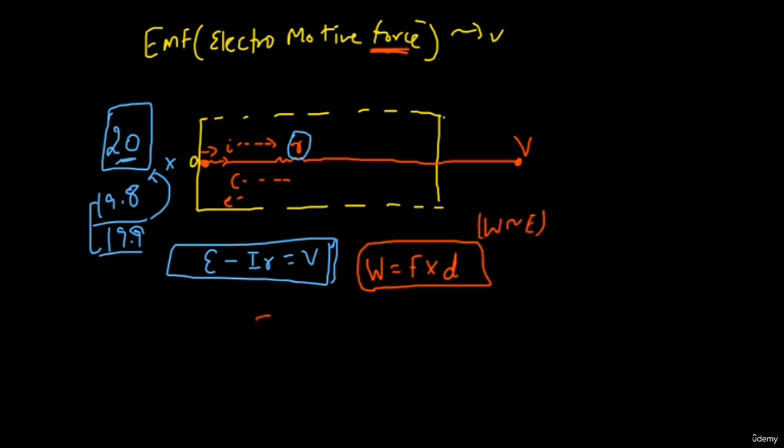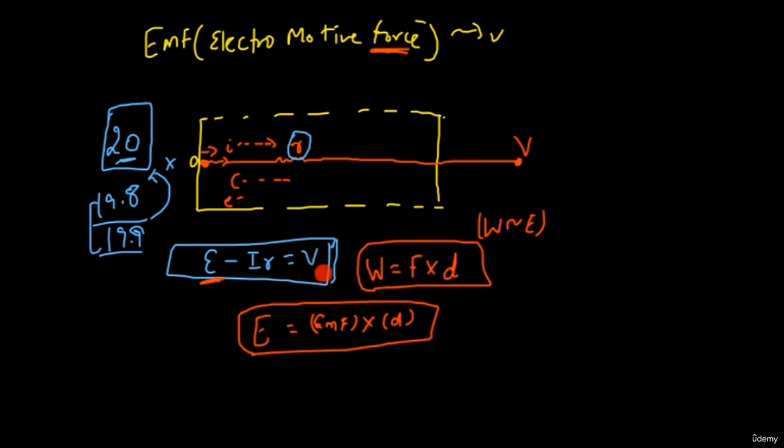So energy is equal to force, which is EMF in our case, multiplied by displacement, because it is traveling in the wire. So that's how it becomes the energy, and that's why we are getting the voltage here, which is energy. We are getting the voltage in the form of energy, so we can subtract only the energy thing here.